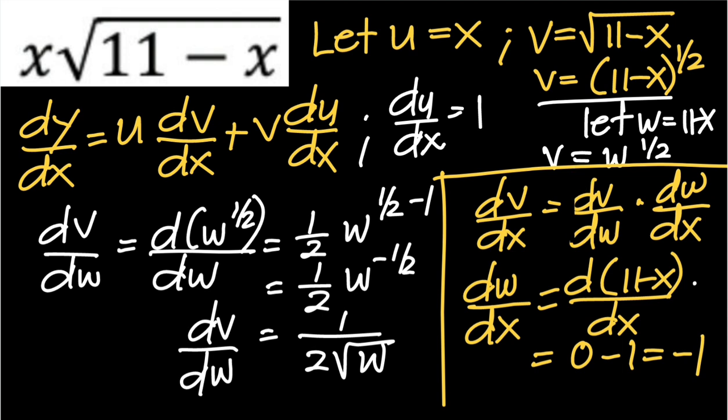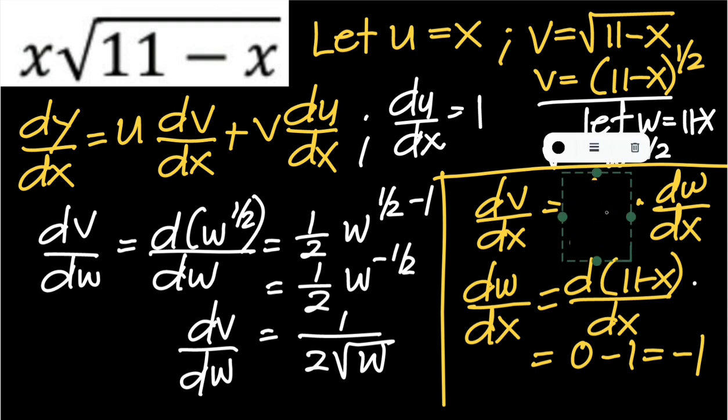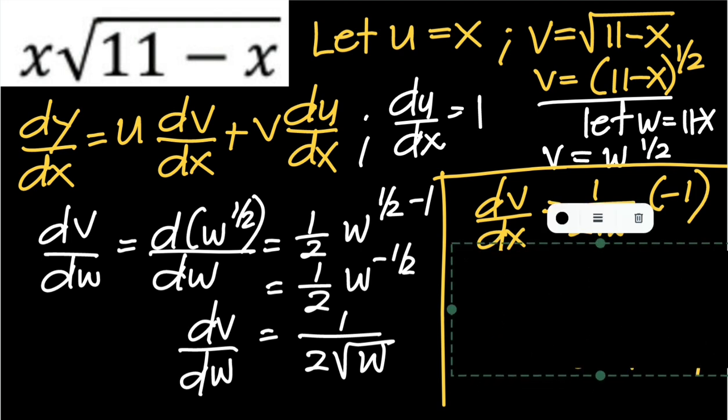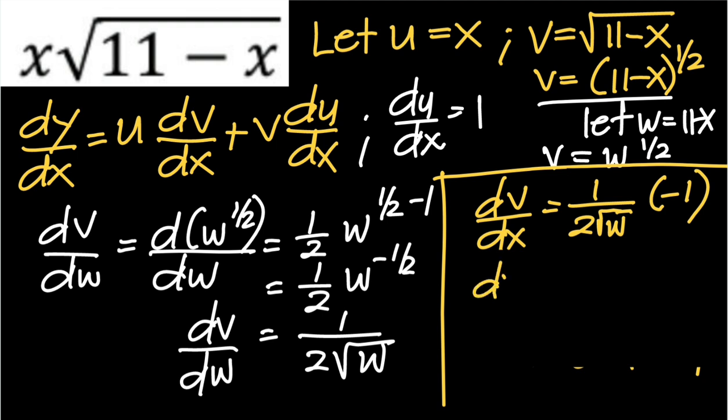We just plug in here. So this is dv over dw times dw over dx. So this would become 1 over 2 square root of w times negative 1. So dv over dx is just equal to the negative of 1 over 2 square root of w.